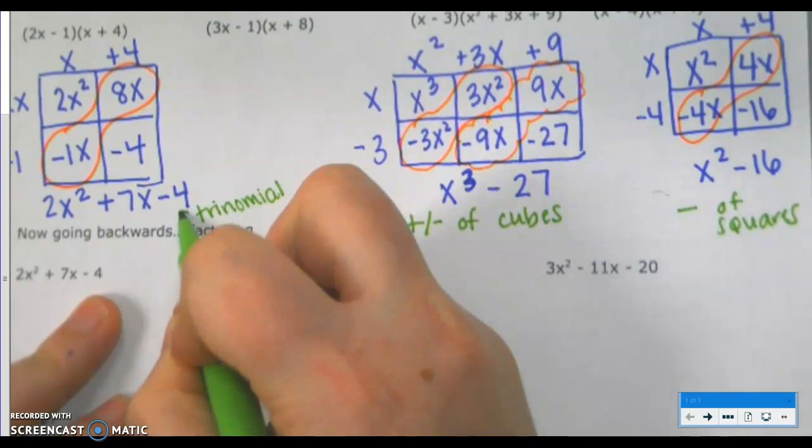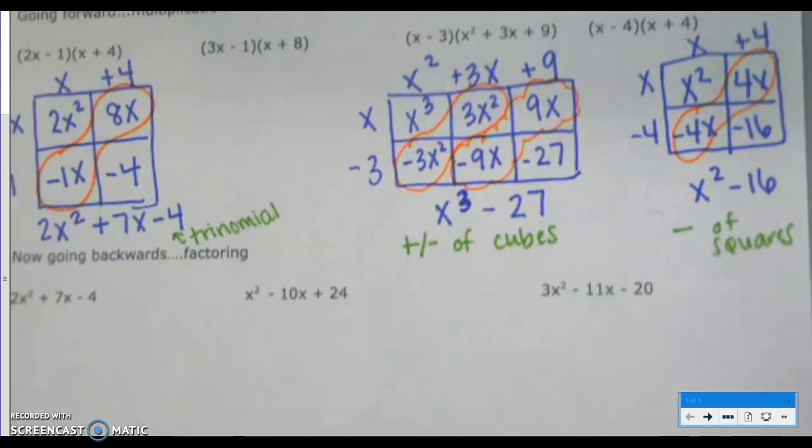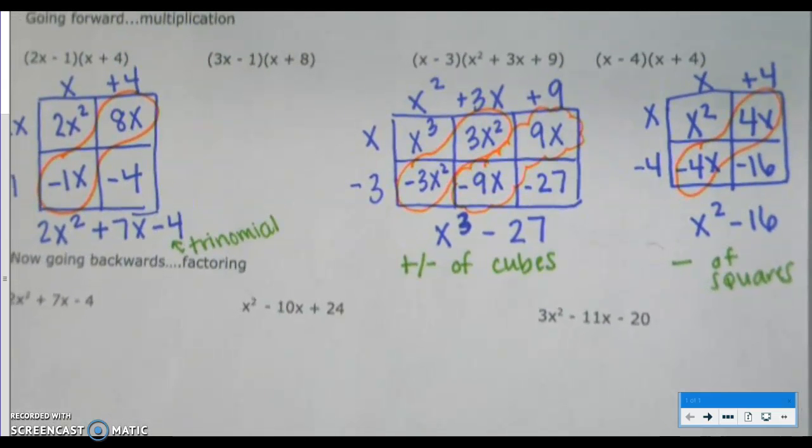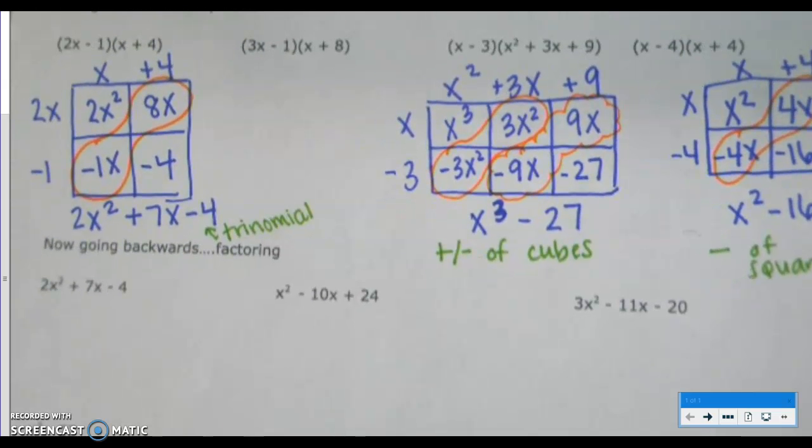All right, so depending on what you're trying to factor, it helps if you remember what the original multiplication problem looked like. So my first example here, 2x squared plus 7x minus 4, that's a trinomial. So I know the only way to produce a trinomial answer is if I did a binomial times another binomial.